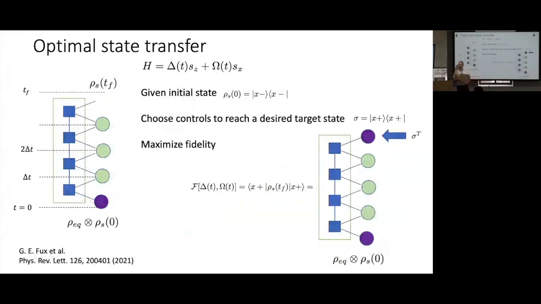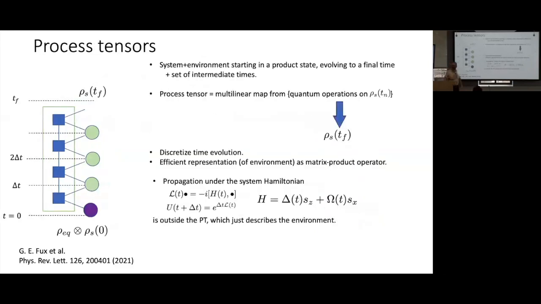Yeah. So do you constrain your control? Because the optimal way to do it is to wait till the penultimate time, throw away the state, and then prepare the state you care about. The controls here are unitaries implemented by this Hamiltonian.